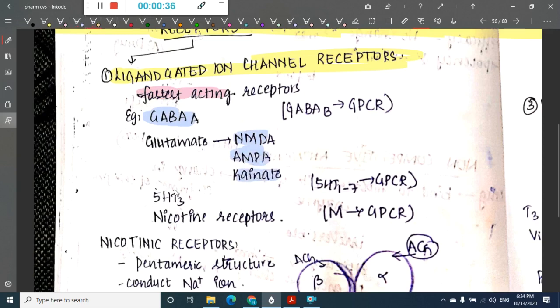We have 5-HT3 receptors and nicotinic receptors. GABA A is a ligand gated ion channel receptor, whereas GABA B is a G protein coupled receptor. 5-HT3 is an ion gated channel, whereas 5-HT1 to 7 are G protein coupled receptors.